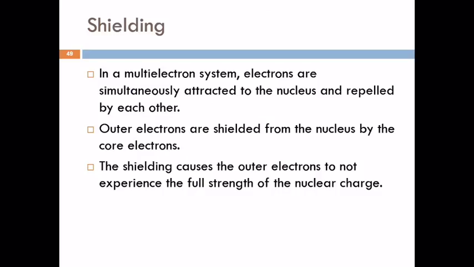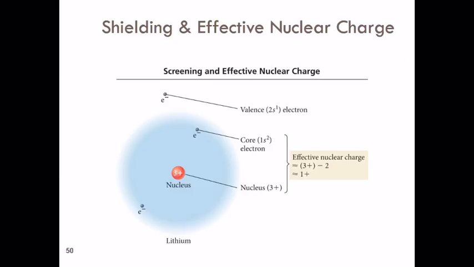The reason for this trend has to do with shielding and with effective nuclear charge, which we talked about a little bit before. We've got outer electrons, the valence electrons, and we have core electrons. The core electrons shield the outer electrons, so they don't experience the full strength of the nuclear charge. Looking at lithium, it has a +3 charge on its nucleus.